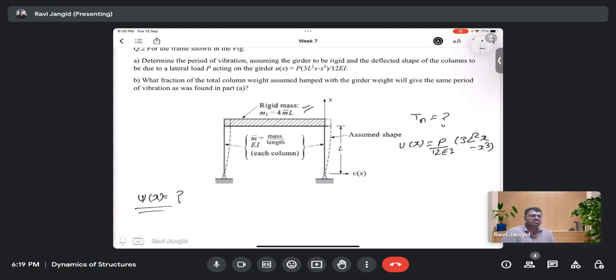An assumed deflected shape? No, no. So shape function is what? It shows the variation within the element, within the frame, with respect to the nodal coordinates.